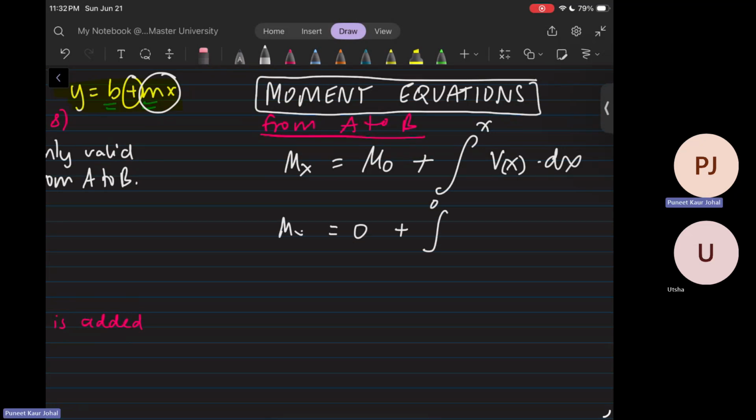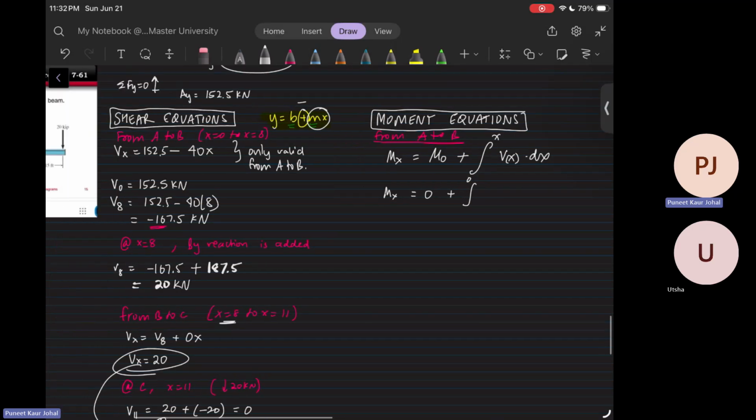But then we have the equation for Vx, which is this one. So I'm just going to write this exact same equation over here. It's going to be 152.5 minus 40x dx.